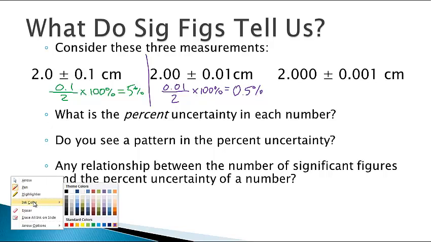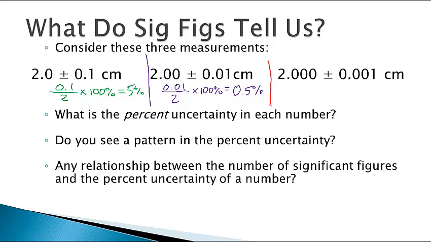And I think you can already see if I calculate the percent uncertainty in this last one, it's 0.001 divided by 2 times 100%. Now it's going to be 0.05%. So the same value, the more sig figs you get, the percent uncertainty gets smaller and smaller.